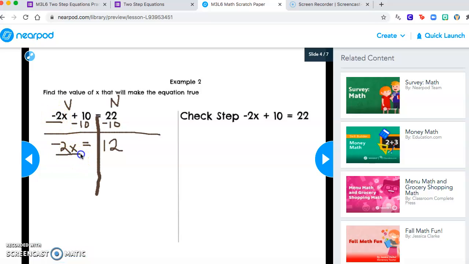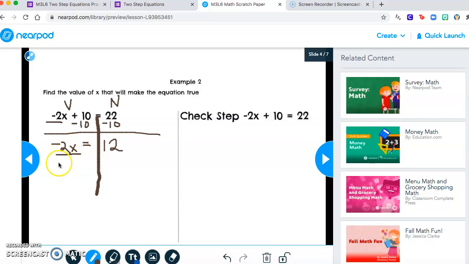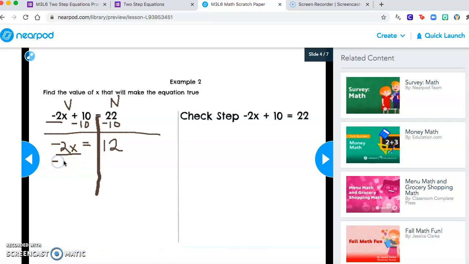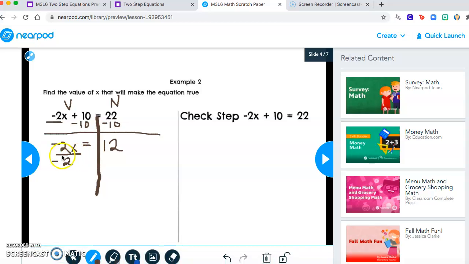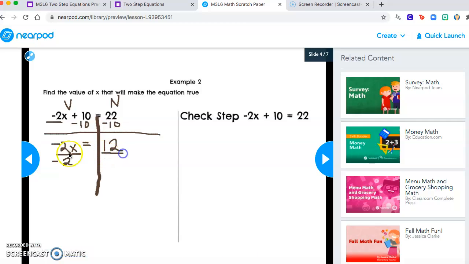So what I do to get a positive 1, I have to divide by the same number, which is negative 2. And make sure your division sign is small. It's not like this. So on both sides, we divide by negative 2.